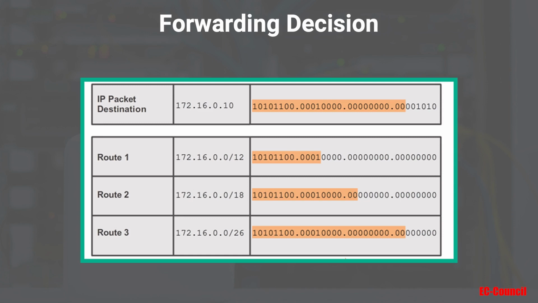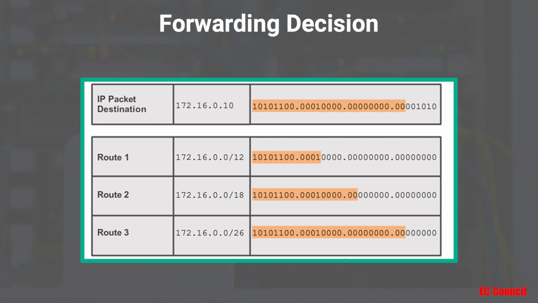Looking at route 1, it only has the first 12 bits matching. Well, the router will also check another route to see how many bits match. This one has 18 bits that are matching, but the third route actually has 26 bits in total matching.